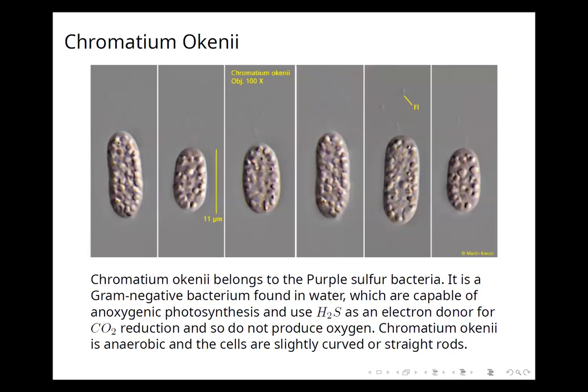We are particularly interested in Chromatium oceanibacteria. It belongs to a class of purple sulfur bacteria, and its main characteristics are that it inhabits water, it is capable of photosynthesis, and it has the form of straight or slightly curved rods.